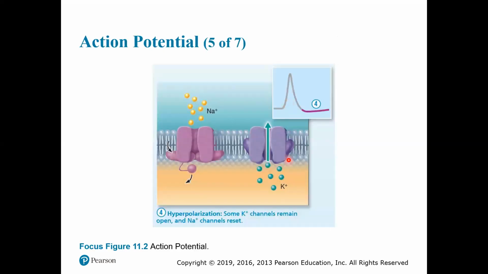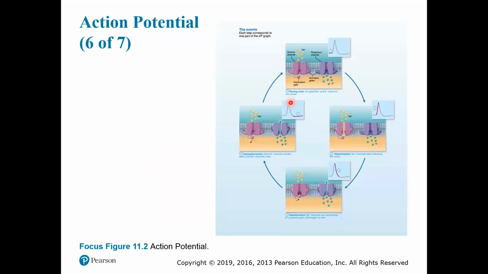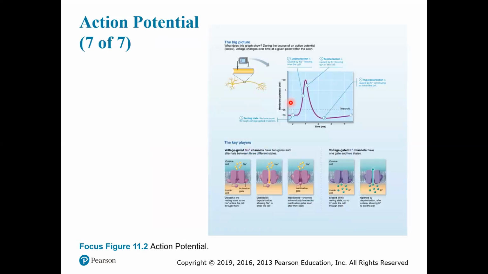So hyperpolarization is below the baseline, more like minus 90. This is minus 70. This is like minus 85 or minus 90 here. So that's the whole thing right there in another slideshow, and it shows you the whole curve.